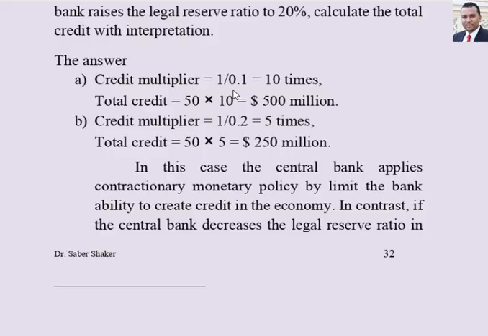How can we interpret this value of 5 times? 1 pound of original deposit generates 5 pounds of credit. When the credit multiplier equals 10, it means that 1 pound of original deposit generates 10 pounds of credit. So when the central bank increased the required reserve, the credit multiplier decreased, and this is a contraction monetary policy.